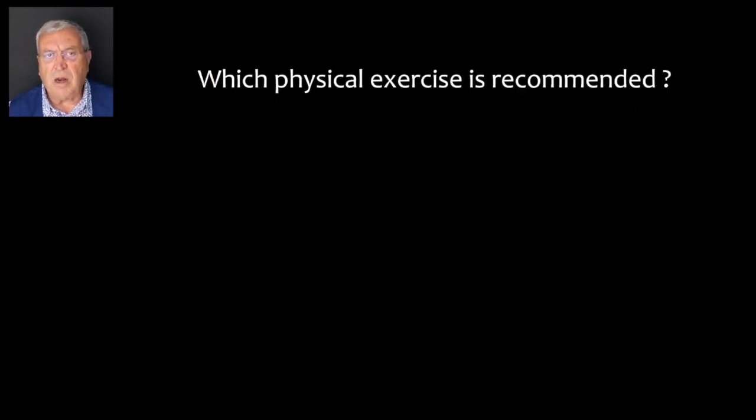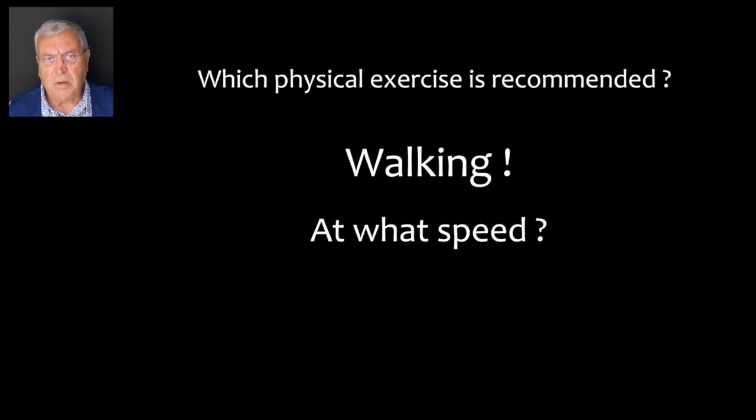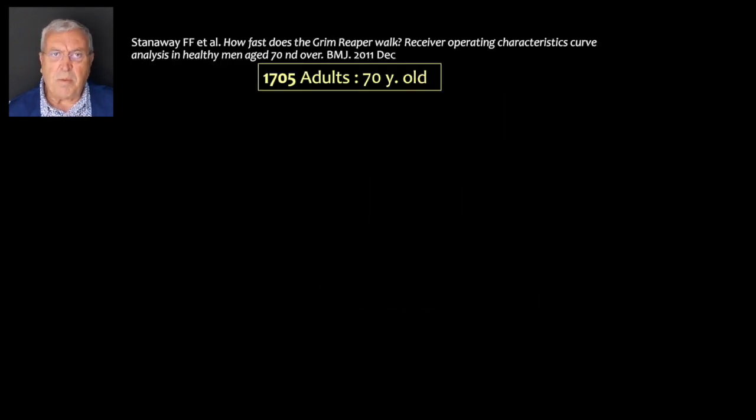Then, which physical exercise is recommended? Walking. But we have more questions. At what speed? For how long? This publication from the British Medical Journal is interesting. They got 1,700 adults, 70 years old.